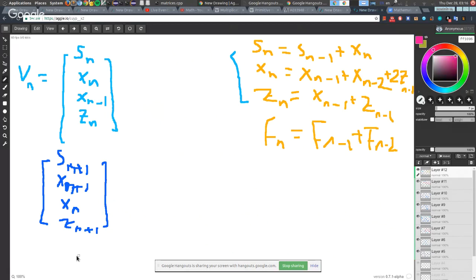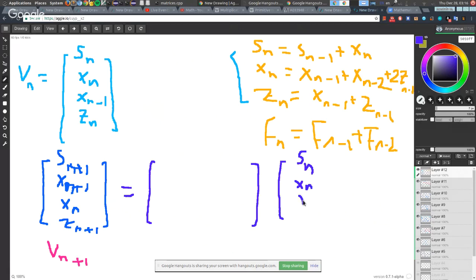This vector here is V(n+1). It is equal to some 4 by 4 matrix times S(n), x(n), x(n-1), and z(n).